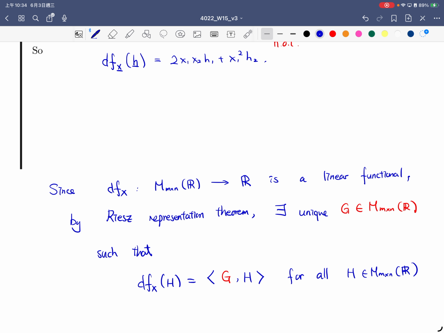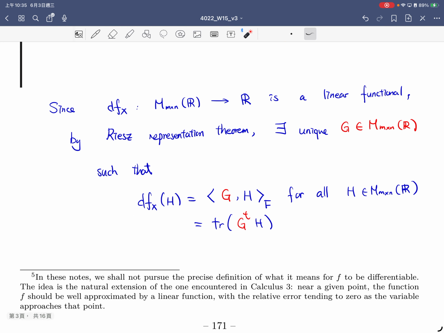So every dual element corresponds to something in the original vector space, and the relation comes from the inner product. And if you recall, the inner product we're working with here is the Frobenius inner product. So you can write it as the trace of G transpose times H. That is how the Frobenius inner product is defined. And this G, I'm going to give it a name, because this G corresponds to the derivative of f at x.